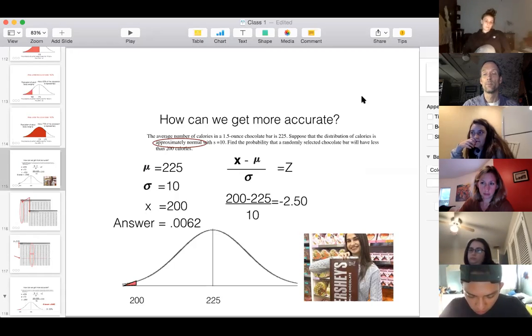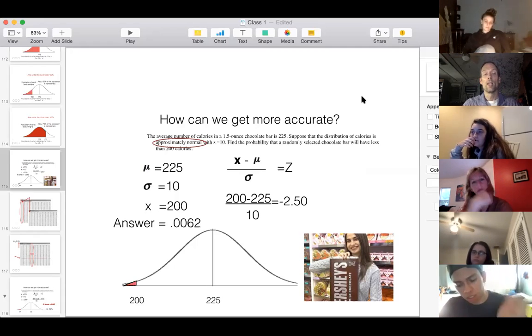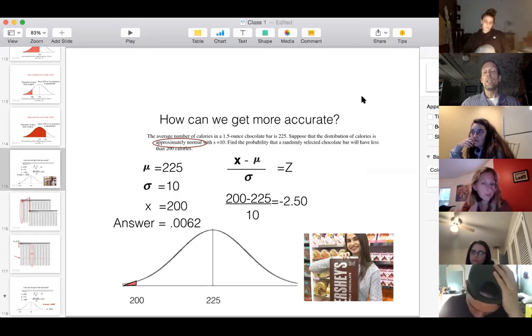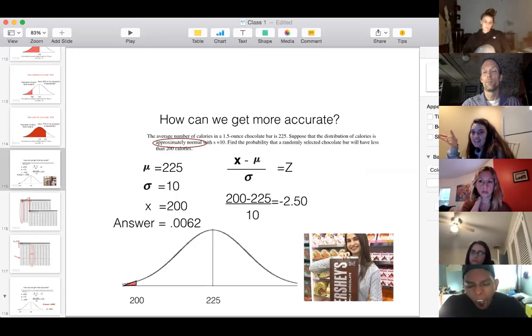Let's think about it like this. 0.0062 is pretty close to 0%. So it means that you don't find bars with this few calories. Now, if you really love chocolate and this is a really rare bar and you found it, what's probably going to be our first reaction? You're going to be excited you found it because it's rare to find. So what do we think we should do, everybody?